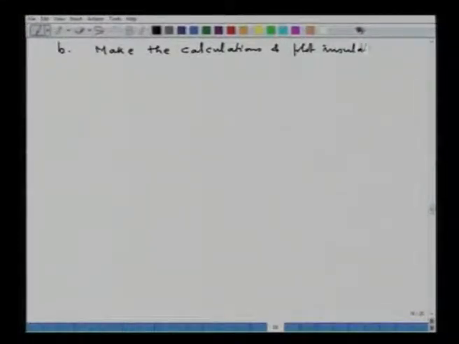Now as an extension of this problem, part B, I would like you to make the calculations and plot insulation temperature versus distance from the cylinder axis.